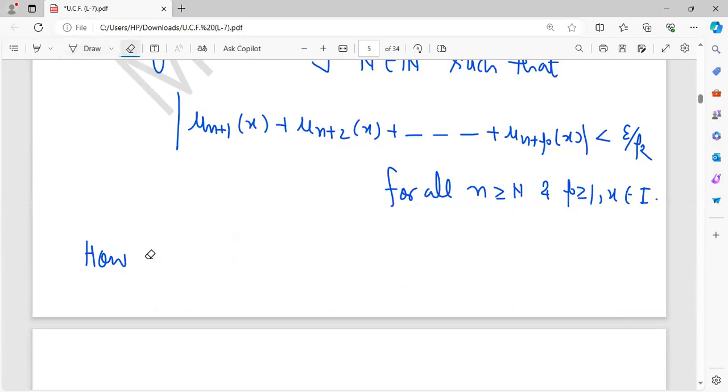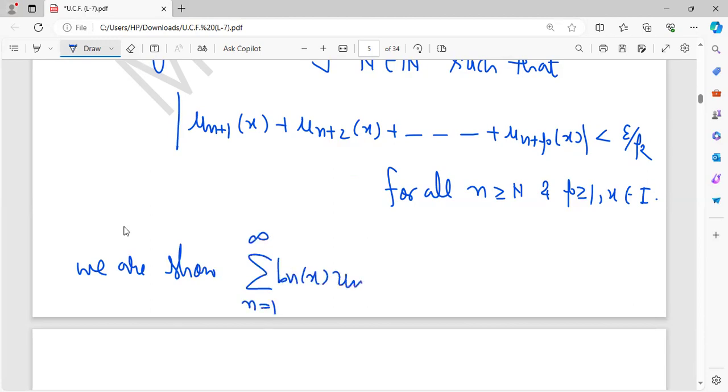We are to show that our series, summation n goes to 1 to infinity b n x u n x, is uniformly convergent. But if we can show that this is uniformly Cauchy, still we are done, because we have already proved that a uniformly convergent series is uniformly Cauchy and a uniformly Cauchy series is uniformly convergent. So we will show that this is uniformly Cauchy.